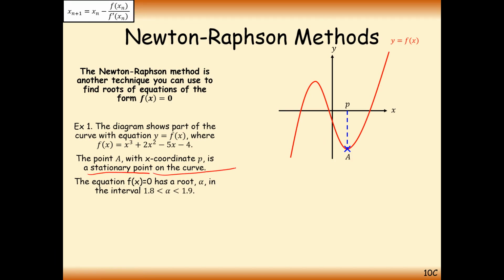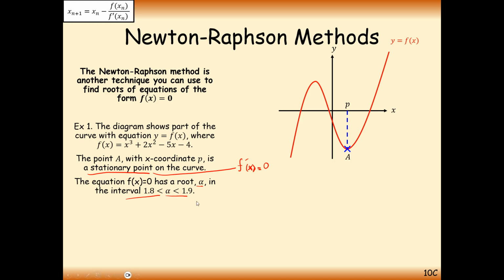It means that f dash of x is equal to 0. That's the definition of a stationary point. Its x coordinate will give us the gradient is 0. So the equation f of x = 0 has a root at alpha in the interval 1.5, 1.8 and 1.9.